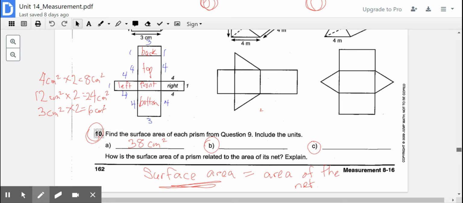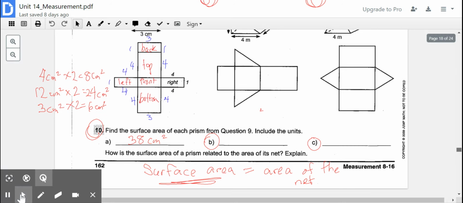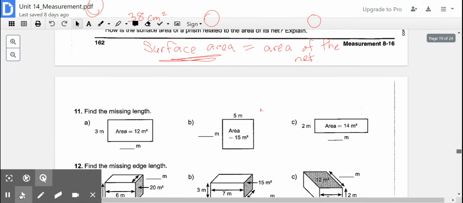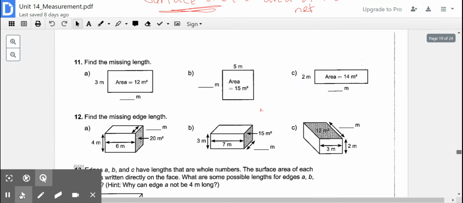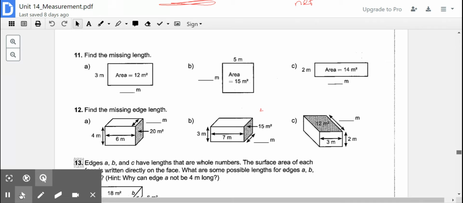Let's check out the next page. We're on page 163 now. Page 163, question 11, they say, find the missing length. Well, we're working backwards now, and they give us the area, and we know area equals length times width.